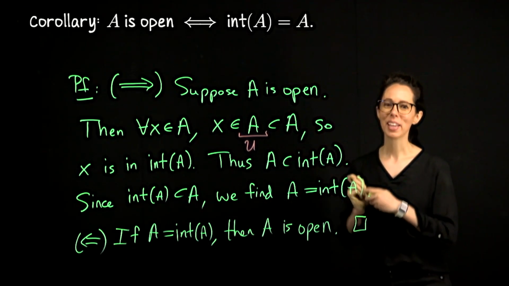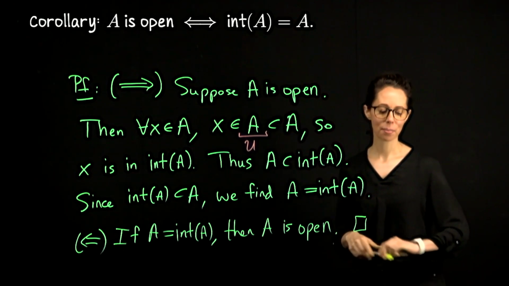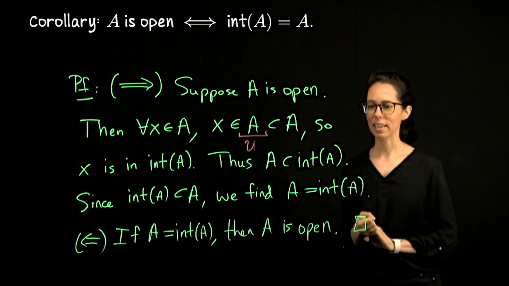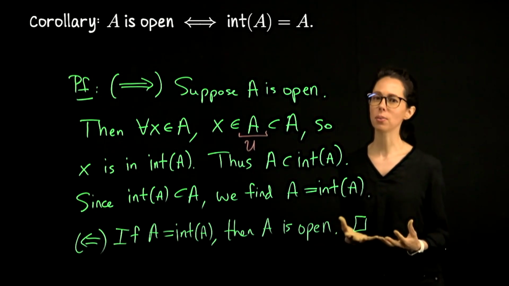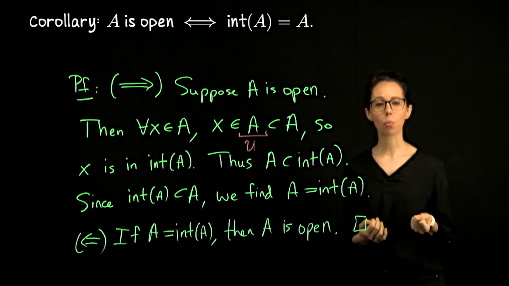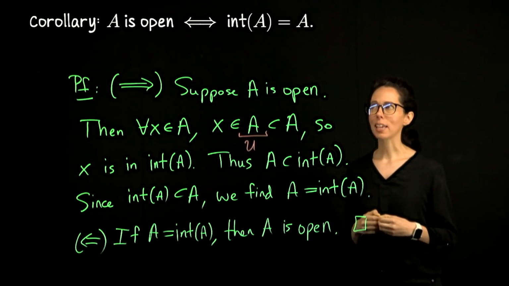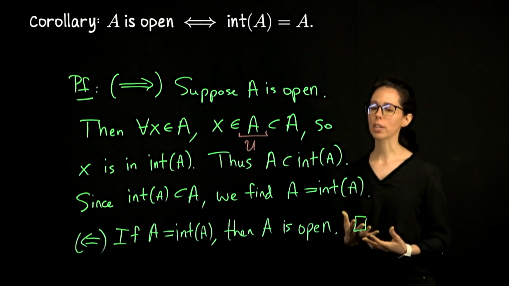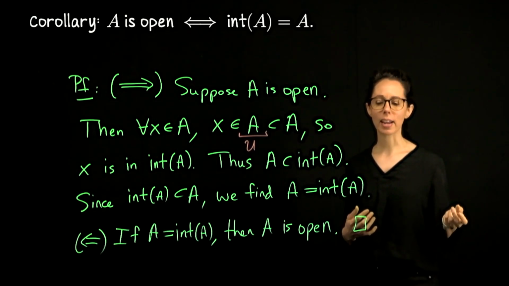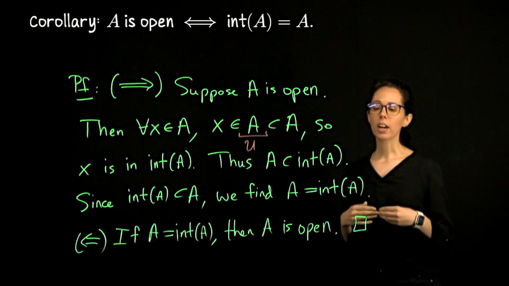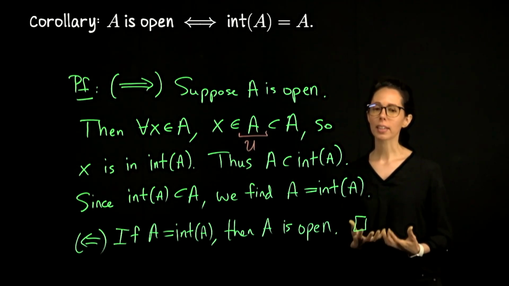Okay, so that wraps up this lesson on interiors. One thing I wanted you to take out of this is that, looking at those examples that we worked through, you may have been able to spot immediately what the interior was just by saying the word interior out loud. So when we work through topological notions like interior, and as we'll meet later, boundary and closed sets and closure, they are often given names that reflect our intuition.